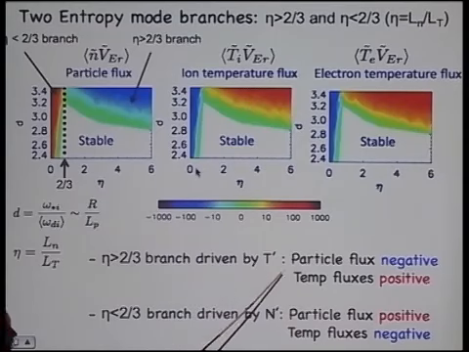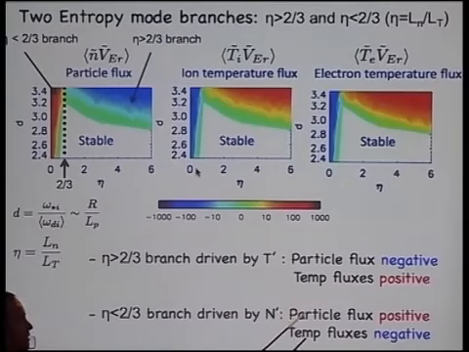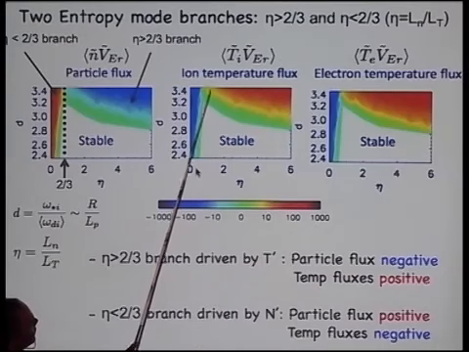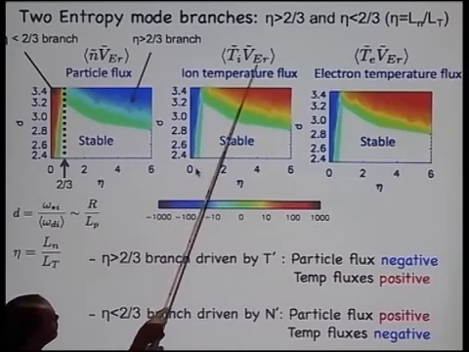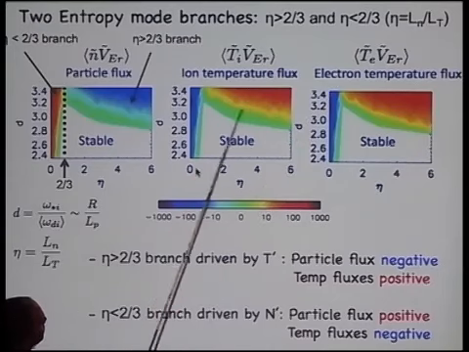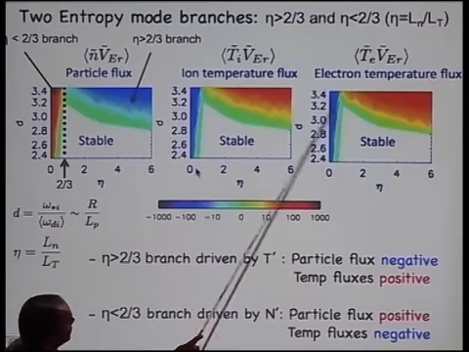So the fact that the particle flux is negative isn't exactly crazy. If the density gradient were the source of free energy, this wouldn't make any sense whatsoever. The temperature fluxes, though, are positive. Here the temperature flux is defined in this way. In the eta greater than 2/3 regime, the temperature fluxes are both positive.